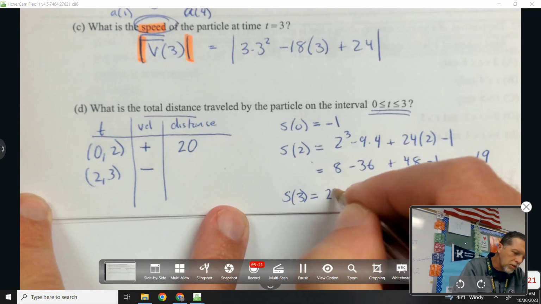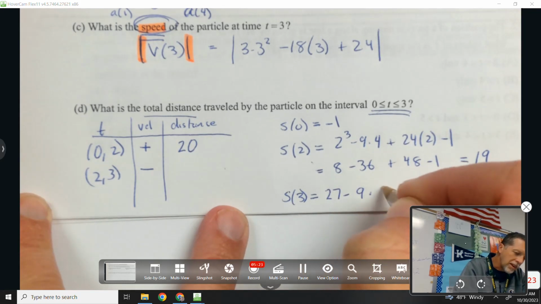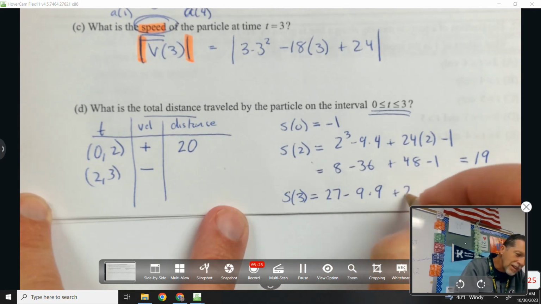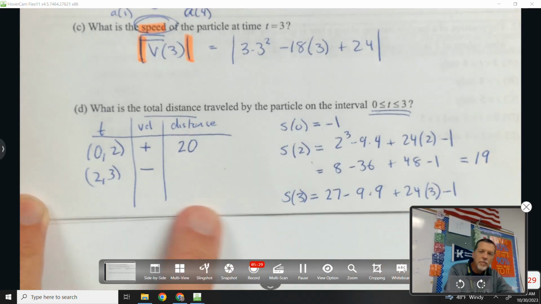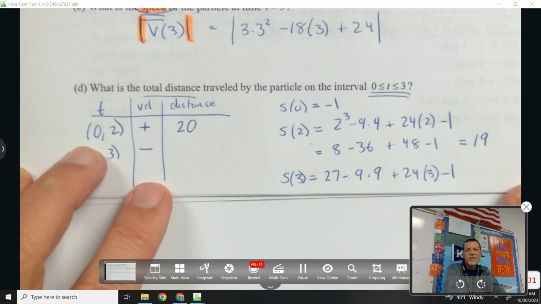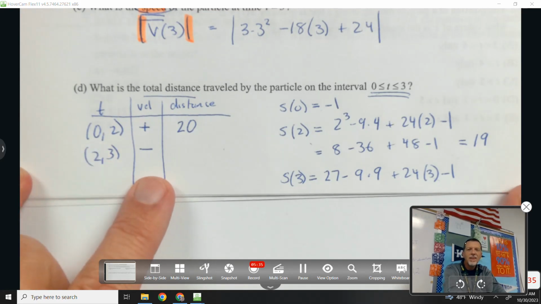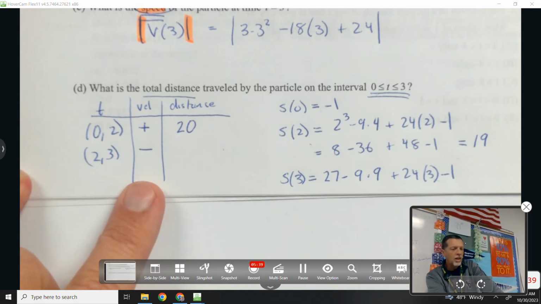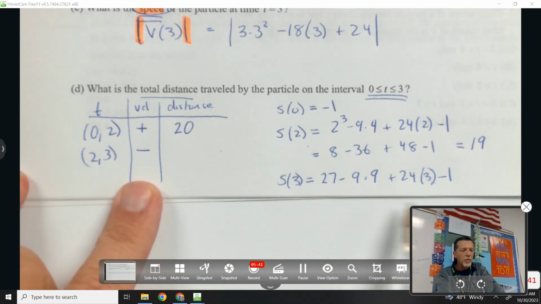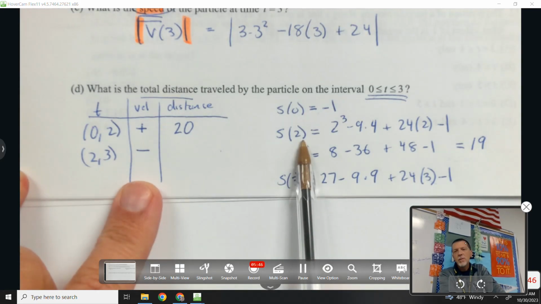3 cubed is 27, minus 9 times 9, plus 24 times 3, minus 1. Ugh. So do I really want to do this? There's a way to shortcut this. You'd have to include absolute values, or know which one's positive, because you want to do S of 3 minus S of 2, but make sure it's positive.